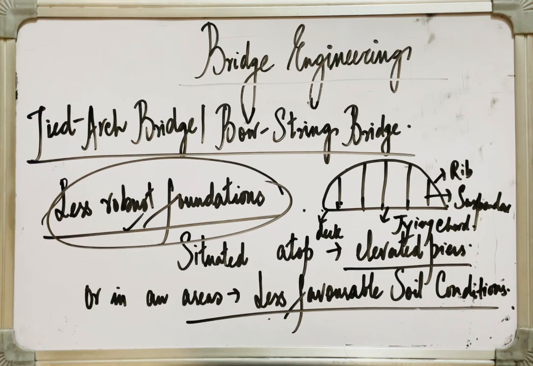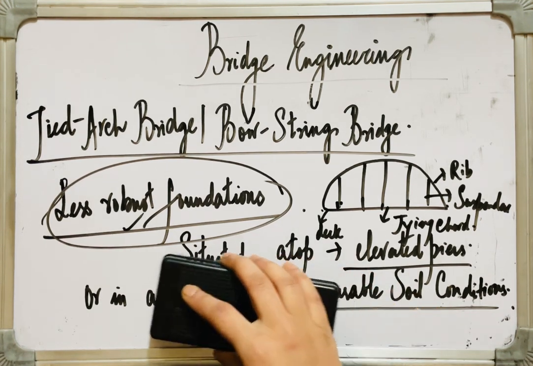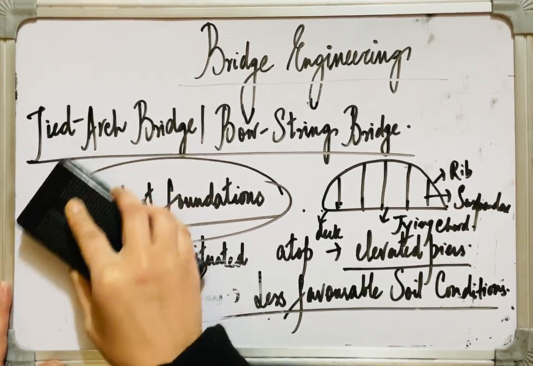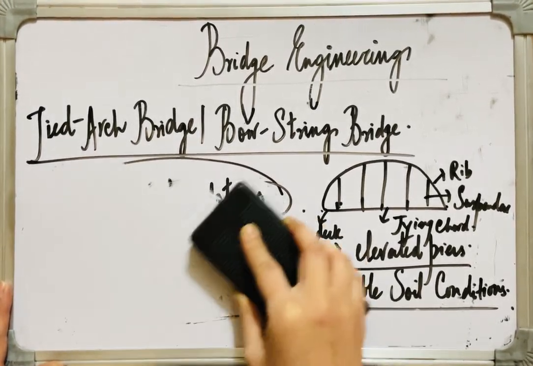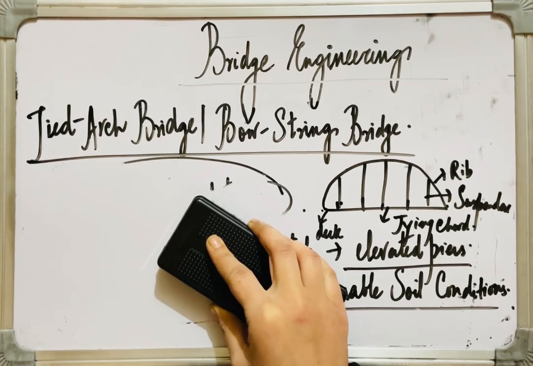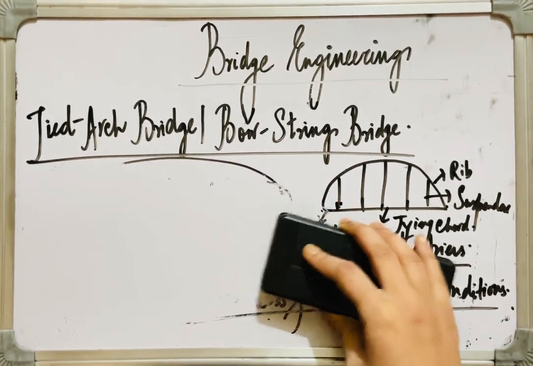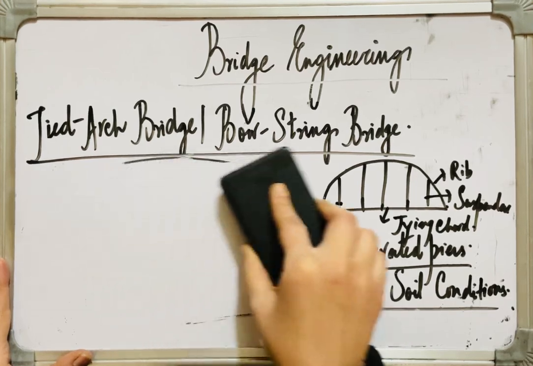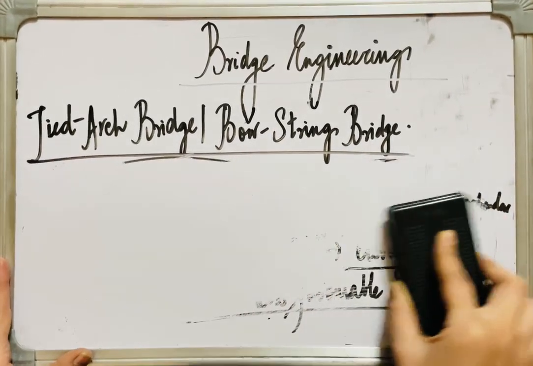All right. Moving on, let me rub it first. So what we discuss, this bowstring bridge or this tied arch bridge essentially consists of two arches which are tied horizontally.